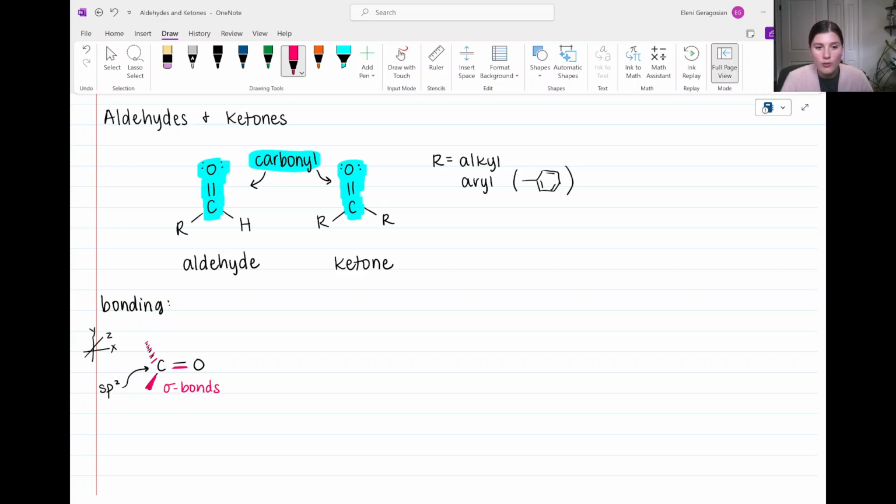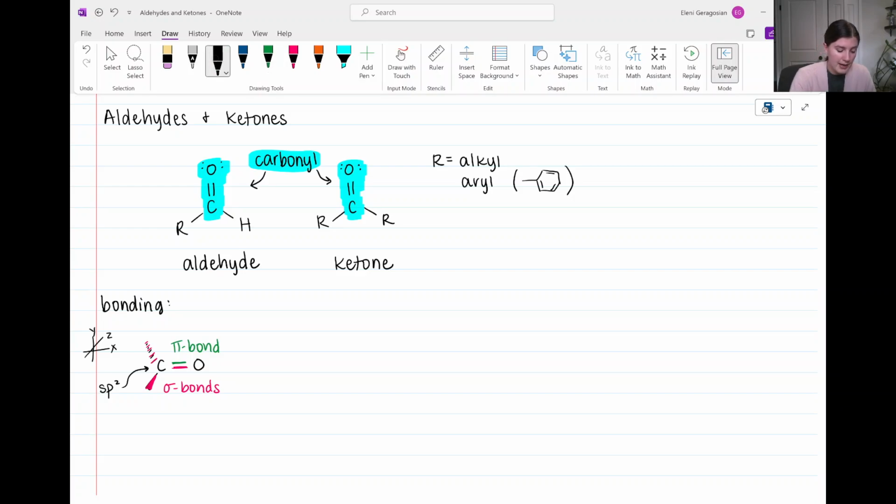So these are overlapping from the carbon sp2 hybridized orbital and the other atom's orbital, oxygen or whatever else is bonded to that carbon. And then there's a pi bond, which I've highlighted in green here, between carbon and oxygen.